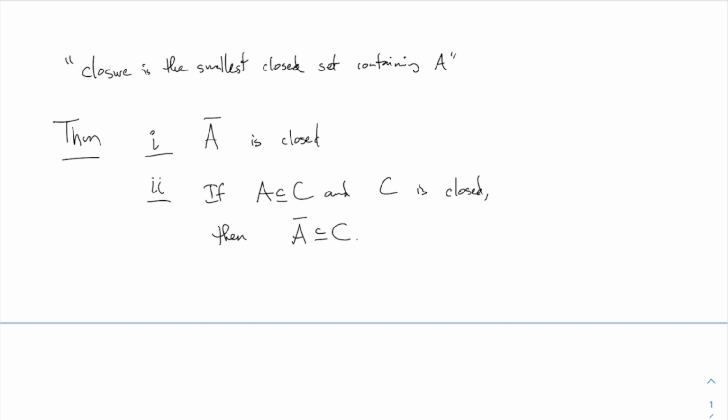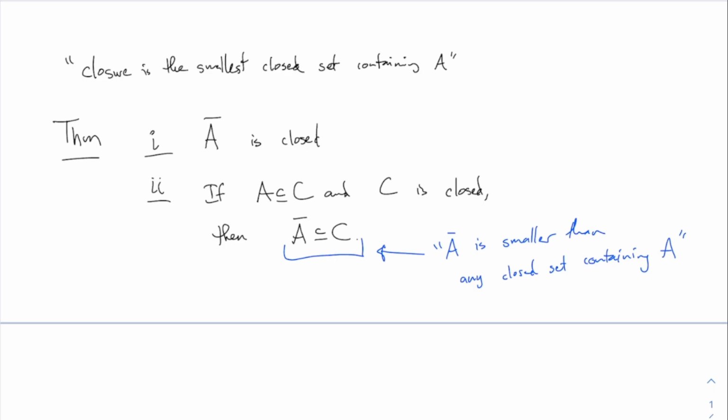If I look right here, my interpretation of that is A bar is smaller than C, but C is just any closed set containing A. So A bar is smaller than any closed set containing A. And that's the technical way of saying that it is the smallest closed set containing A, because it's a subset of any closed set. A bar is a subset of C. All right.